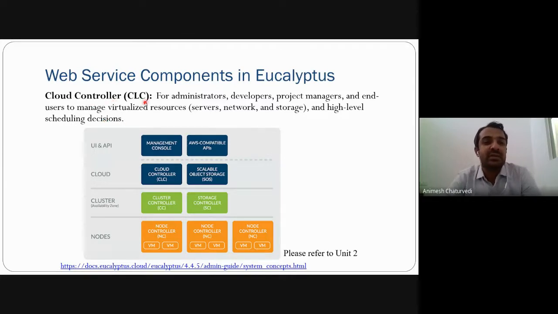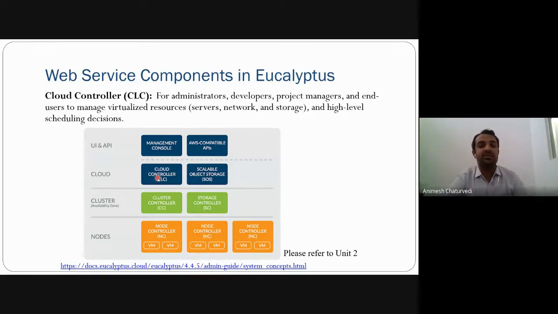They have the cluster controller and the cloud controller, and the topmost one is the cloud controller. The UI, API, and management console means the front end. Front-end management consoles are there, and Amazon-based AWS connectivity APIs are also there, so that it makes your private Eucalyptus compatible with AWS.